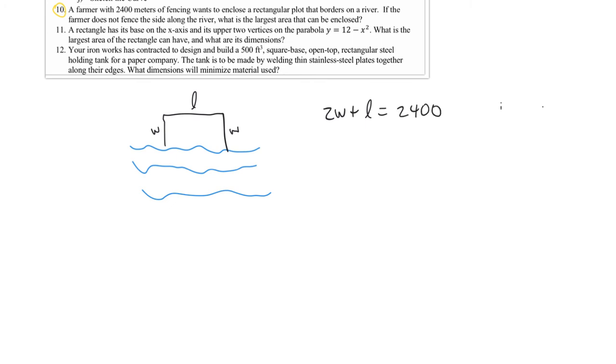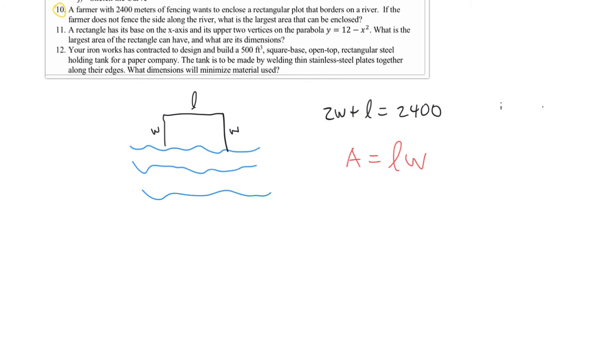And we want to maximize the area that could be enclosed by this particular fence. So whatever is getting maximized is the thing you're going to have to take the derivative of. Or we could say whatever's getting minimized is the thing you're going to have to take the derivative of. So in this case, we're going to be maximizing area. Well, the area will be length times width, right? And we're going to have to take the derivative of that.